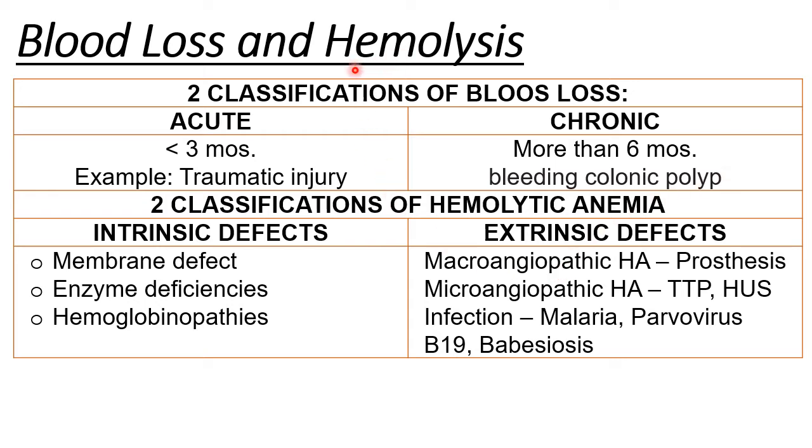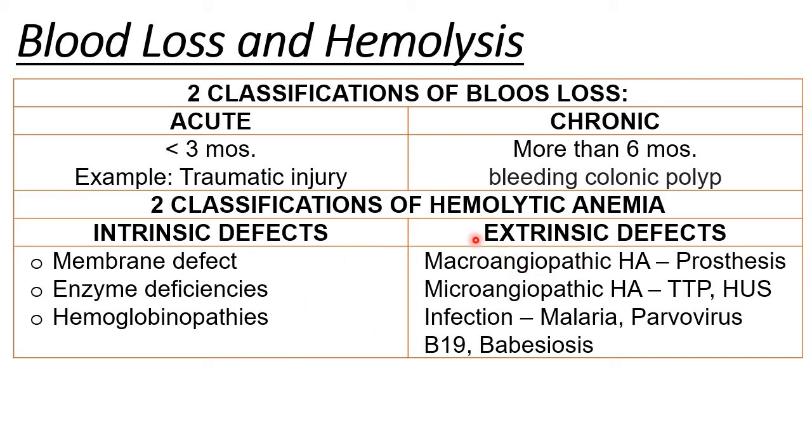Next, we can classify hemolysis into 2, no? Pwede tayong classify according to the defects of the membrane. It's either intrinsic or extrinsic. Intrinsic, ibig sabihin nasa loob mismo ng RBC membrane ang problem. Extrinsic, outside RBC ang problem.